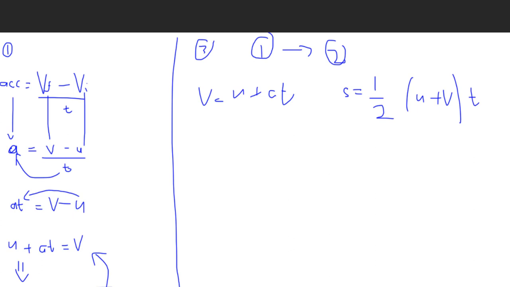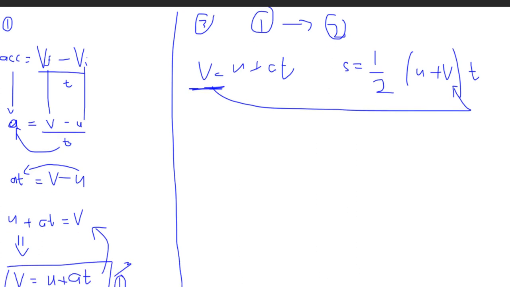Now we're going to substitute this v into this one right here. So we're going to put it there. Now we get s is equal to half (u plus u plus at) t. Beautiful, right there.